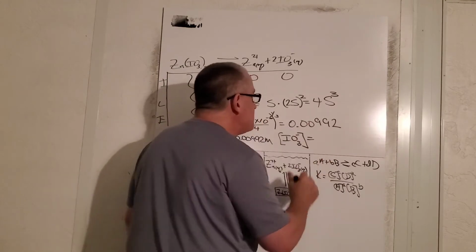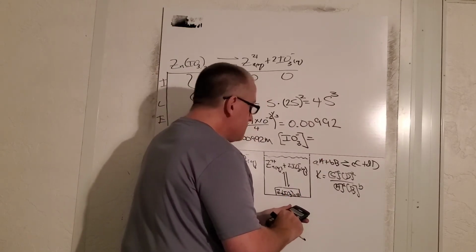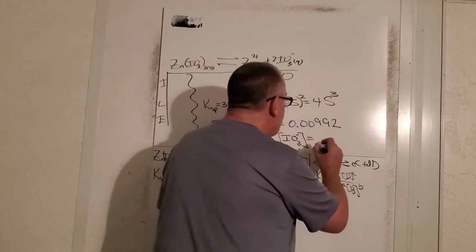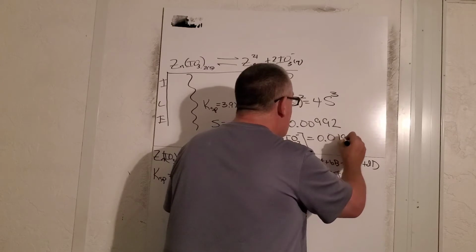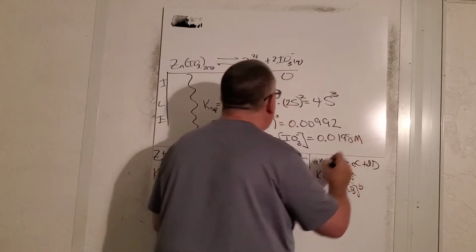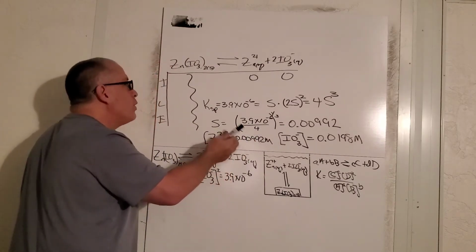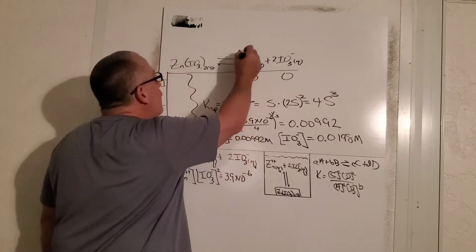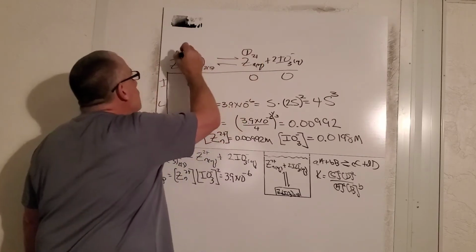That's going to be twice that. So 0.00992 times 2 is going to give me 0.0198 molarity.